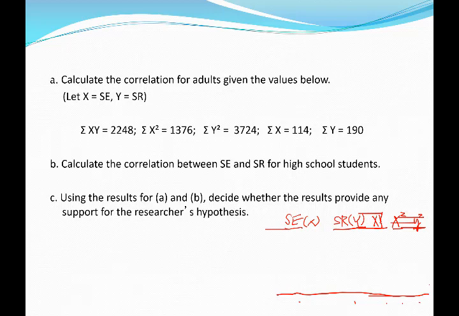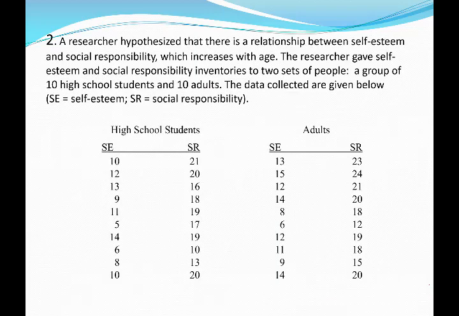Based on those correlations, we can answer question C. It says, using the results for A and B, decide whether the results provide any support for the researcher's hypothesis. When we go back to the prompt for question 2, the researcher hypothesized that there's a relationship between self-esteem and social responsibility.